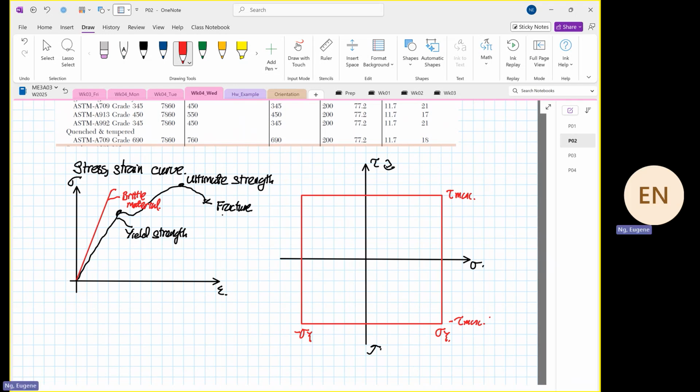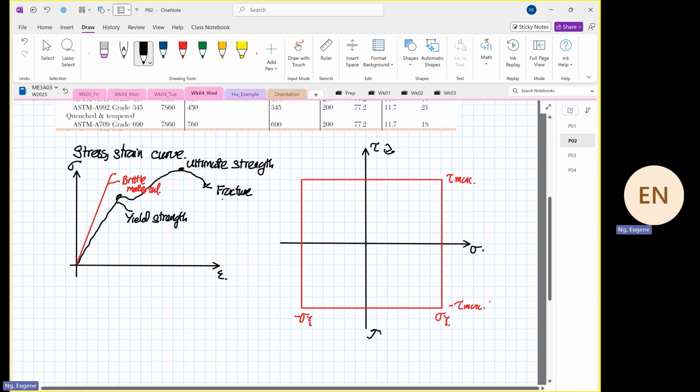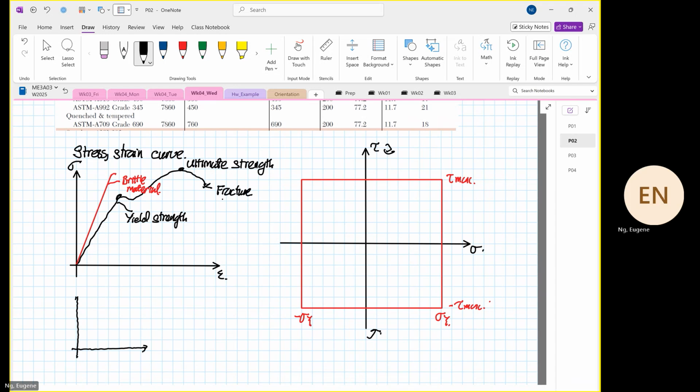Now I'll give you a stress function now that we are pulling the structure. When we pull the structure, we have another graph over here. This is time, and this is your force, and then we start pulling.